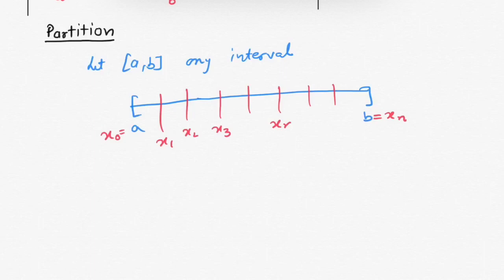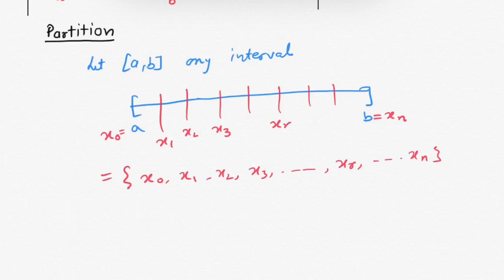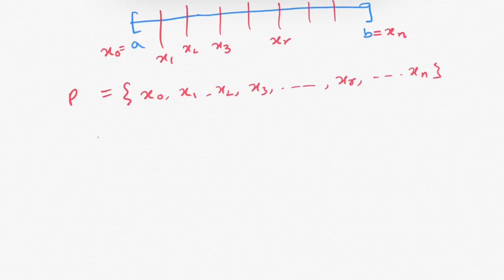Then the set {x0, x1, x2, x3, ..., xr, ..., xn} is known as a partition of interval [a, b]. Suppose I call this set P. Then this set P is the partition of interval [a, b].